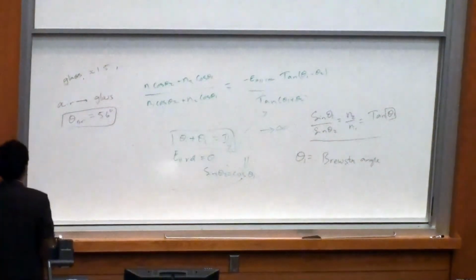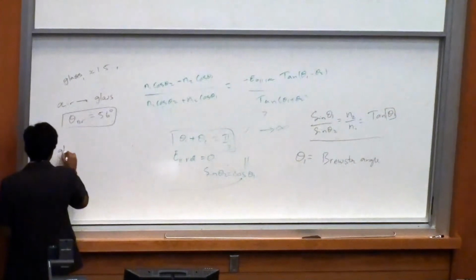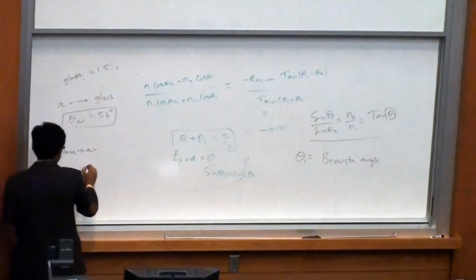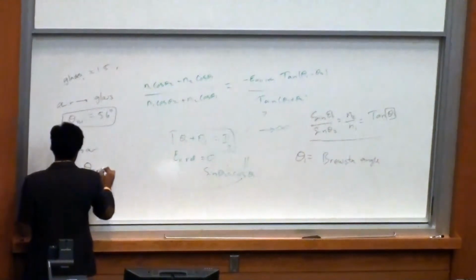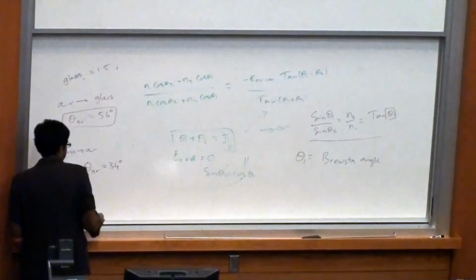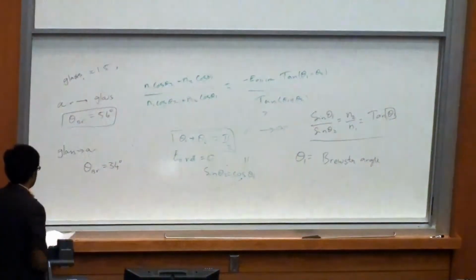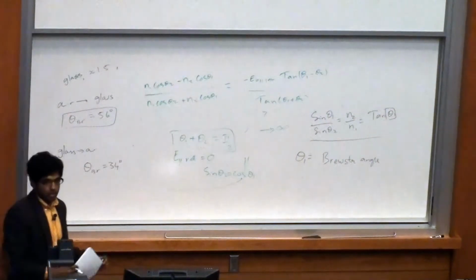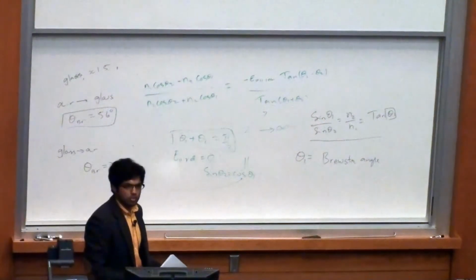If I invert this and I go from glass to air, then my Brewster's angle is going to be 34 degrees. Right? Therefore, it's smaller. Again, as I mentioned, the derivation for this is in Langsness, and if you guys are interested, it's on page 405. I looked it up yesterday.